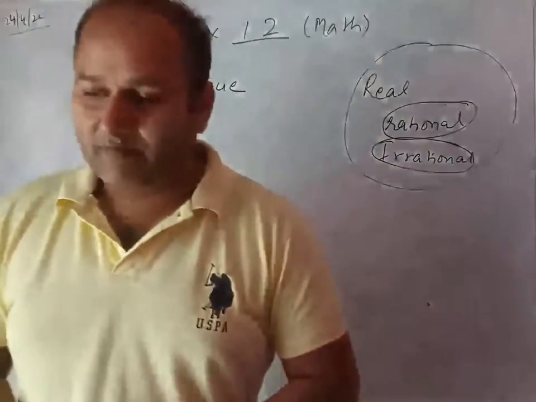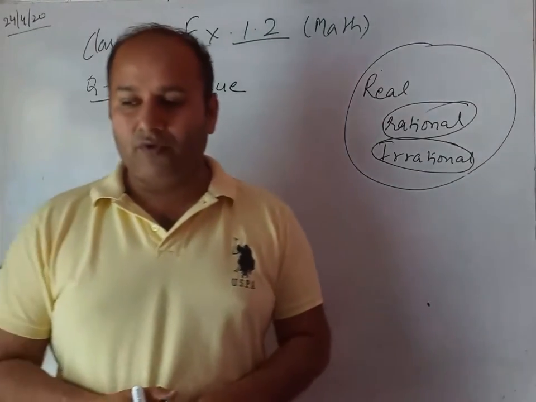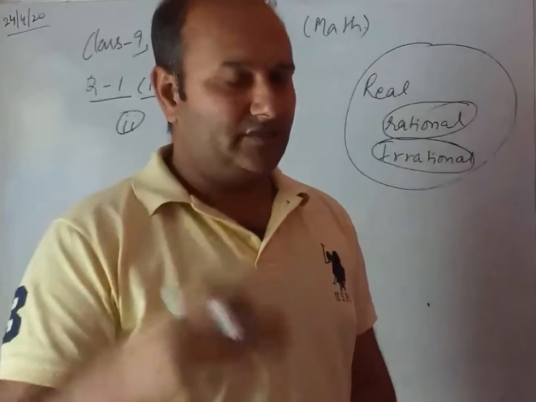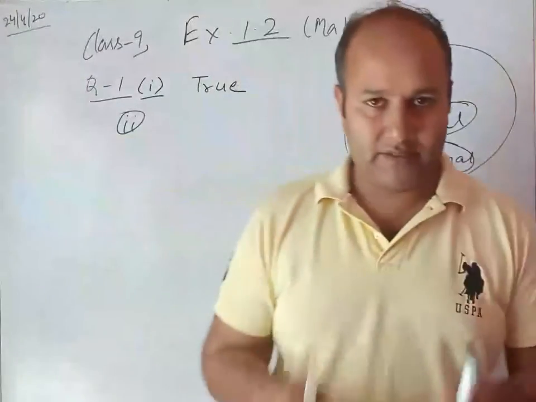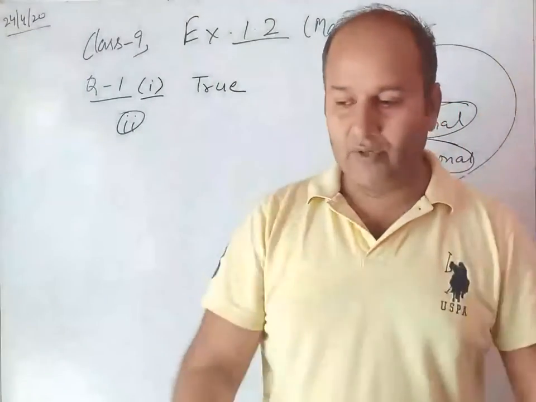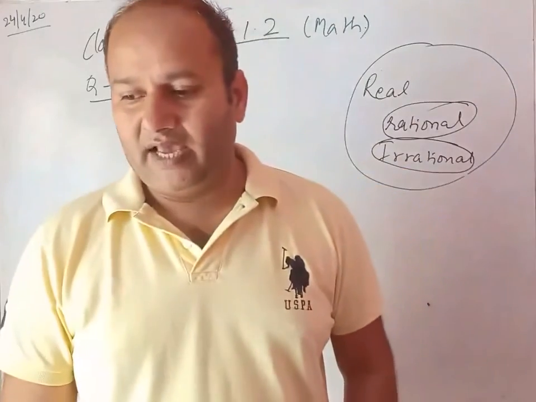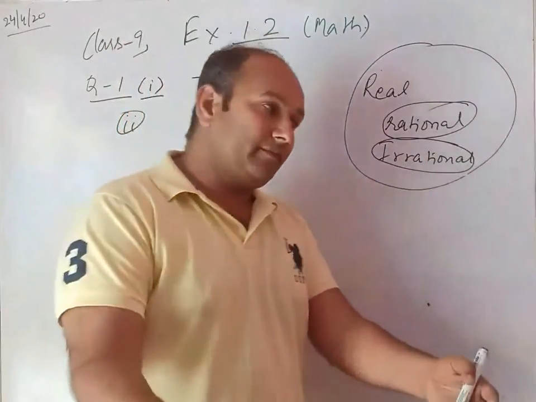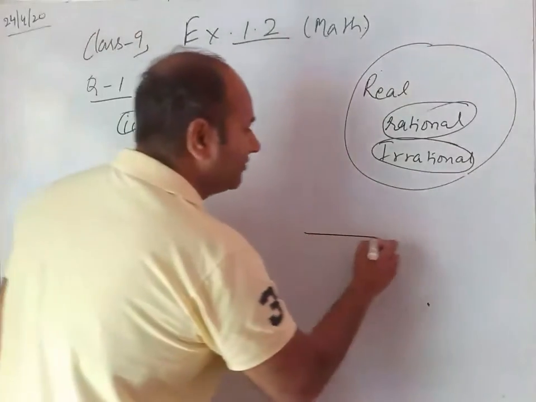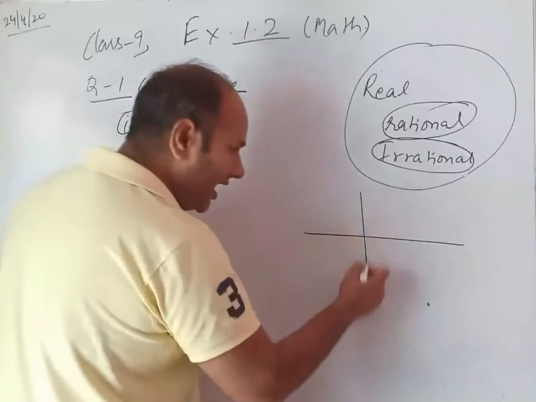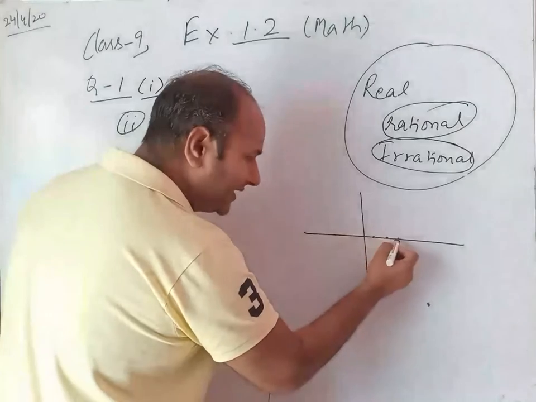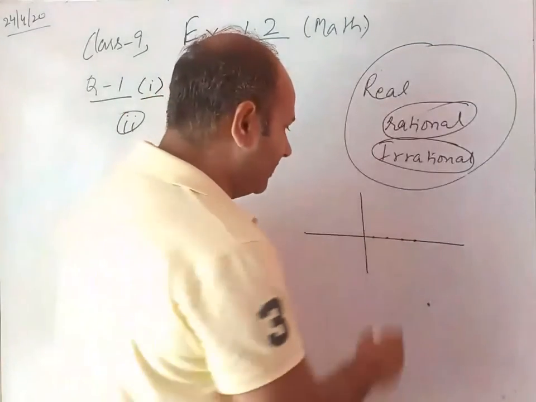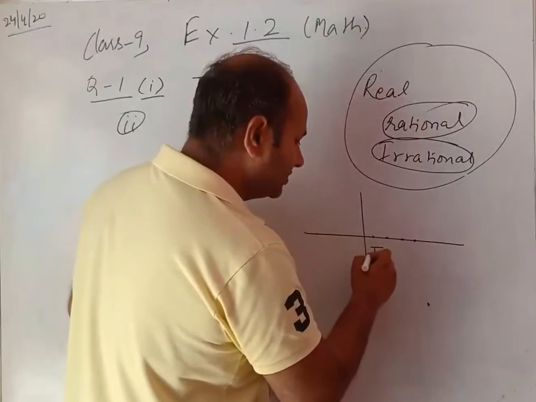The next part: every point on the number line is of the form root m, where m is a natural number. Let us pause and think about it. This is the number line, and I am saying every point presented here is of the form root m.